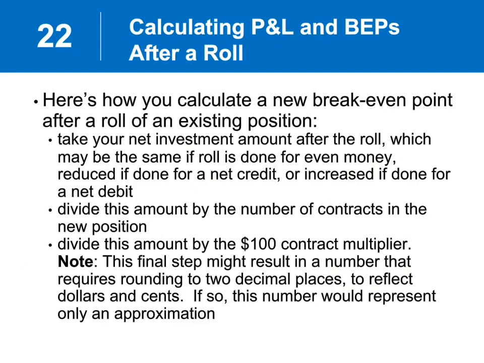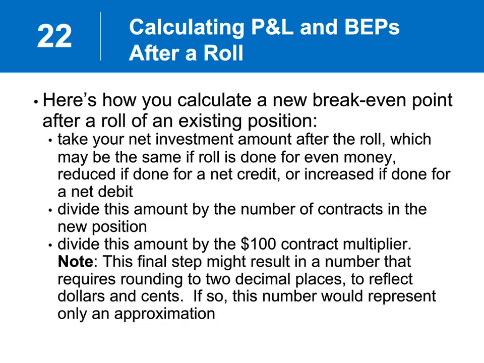Okay, here's how we calculate. Maybe some of you have pen and paper, but again, as Nick said, you can always come back to the presentation on demand. The way we do this is to calculate the new break-even point after the roll. Basically, we take our net investment amount. So the net investment amount is either going to be $4,000 or the $3,530.